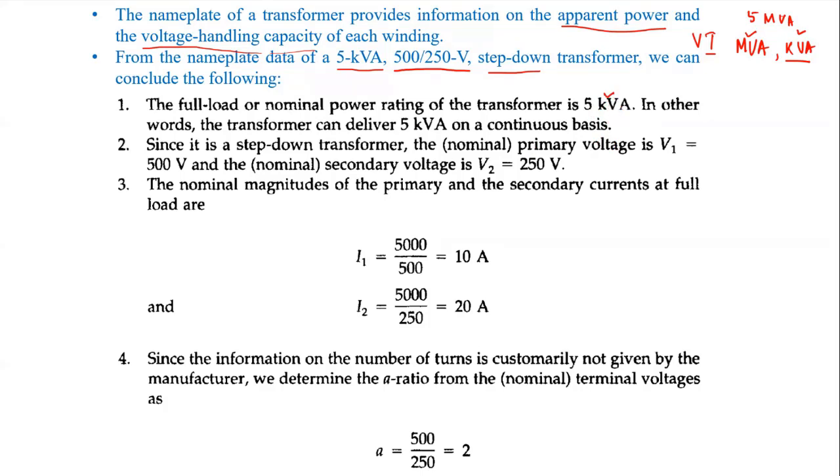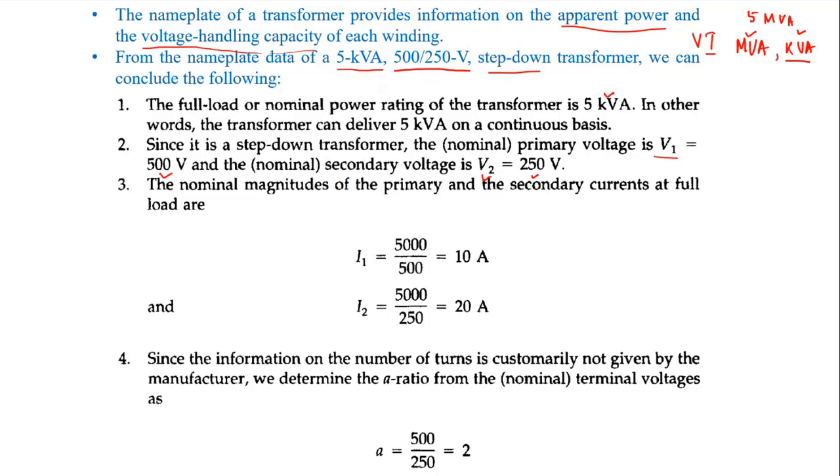So under full load, the transformer can give maximum up to 5 kVA if the losses are not there. In other words, the transformer can deliver 5 kVA on a continuous basis. Since it is a step down transformer, the nominal voltage V1 will be 500 volt, and the secondary voltage V2 will be 250 volt.